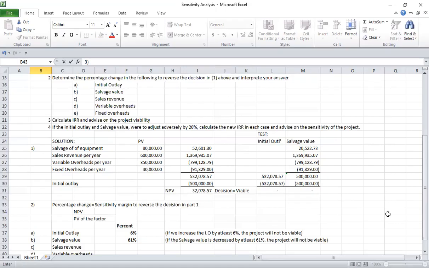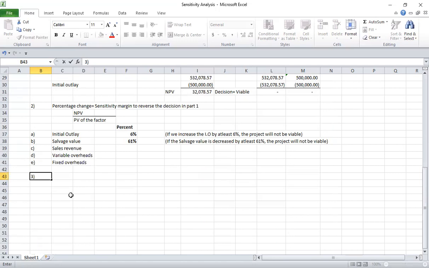So we are looking for the IRR and viability. You guys should be able to compute the internal rate of return. So very quickly, what percentage are you getting?